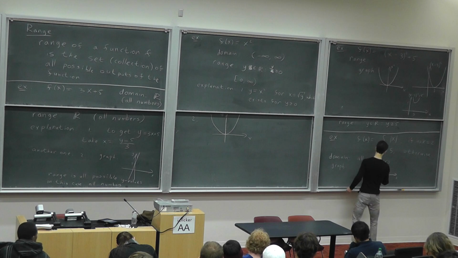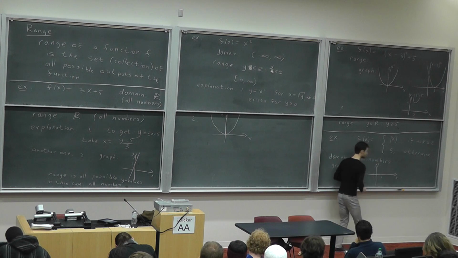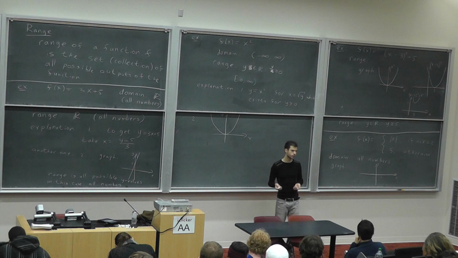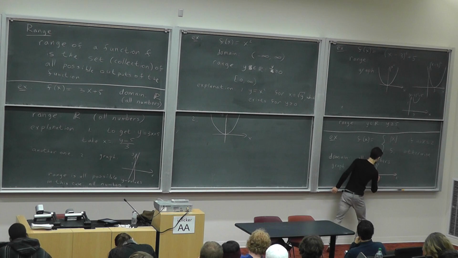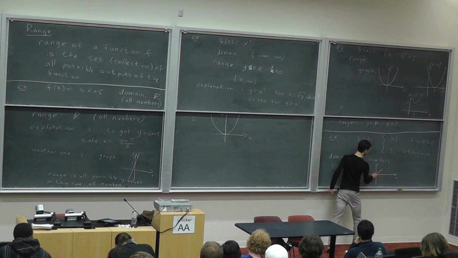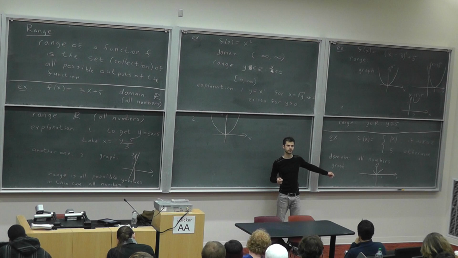So let's see. From -1 to 2, I should just graph the function absolute value of x. I know how it looks. It's exactly like x when x is positive. It's exactly like -x when x is negative. So I get such a graph.